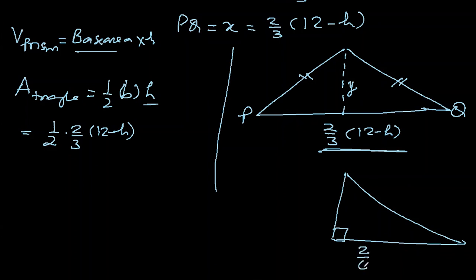That means it will be 2/6 of 12 minus h. Yes, that is half of 2/3. Rather, we can write: 2 and 2 cancel, so 1/3. In place of this, I can write 1/3 of 12 minus h.